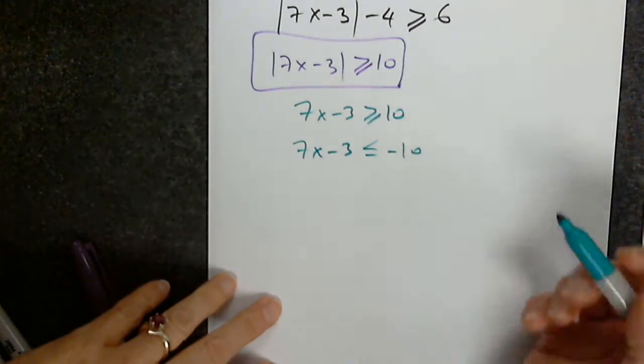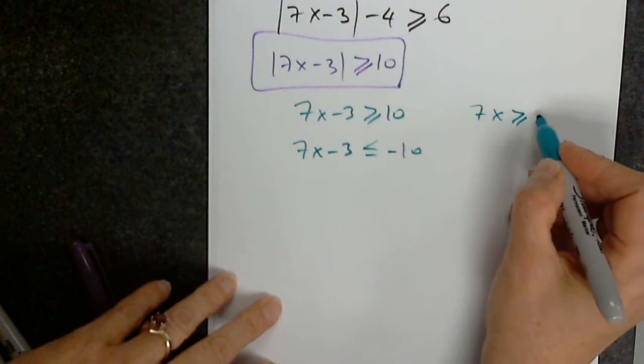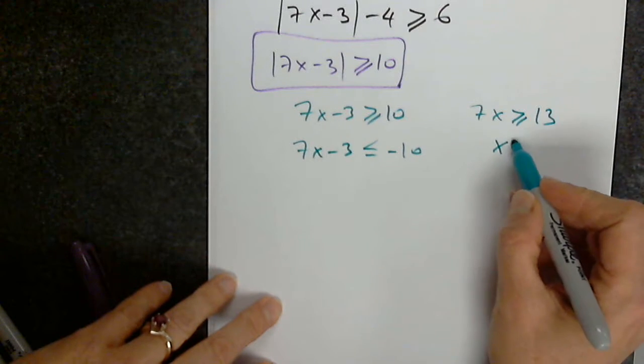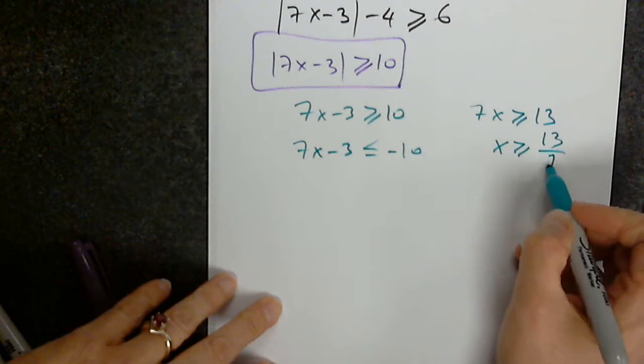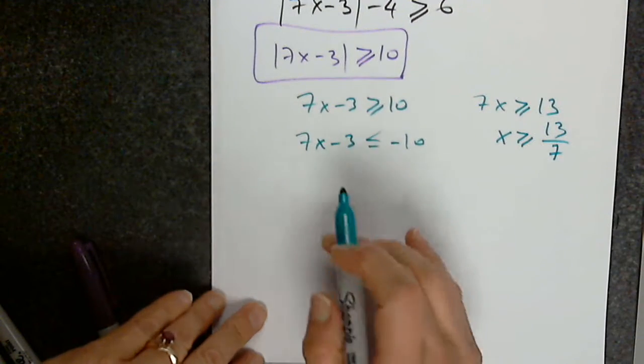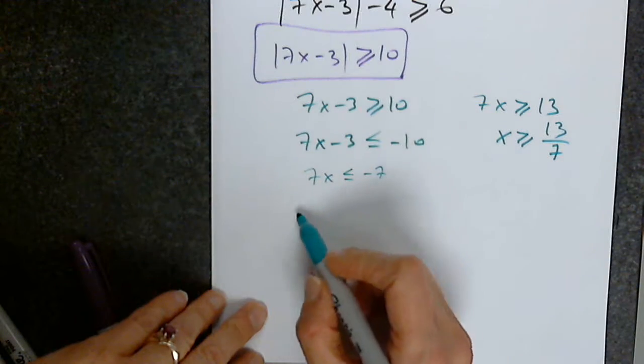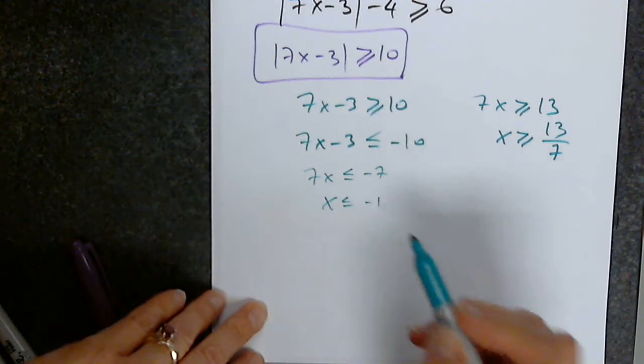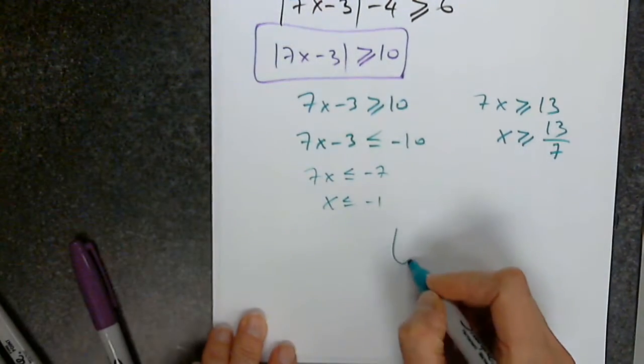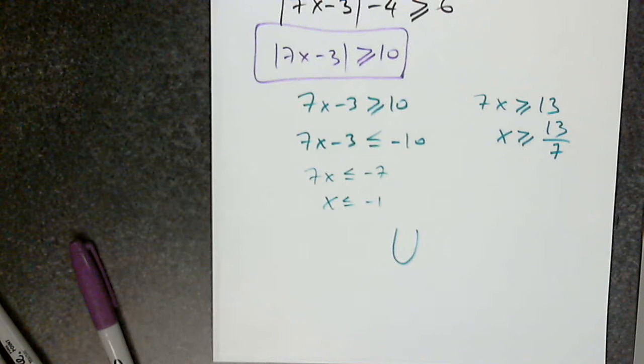I know how to solve these. I have 7x greater or equal to 13 and x greater or equal to 13 sevenths. I know how to solve the second one. 7x less than or equal to negative 7, divided by 7, x less than or equal to negative 1. Remember, this is the difficult one of the two in which the solution has to have the union.